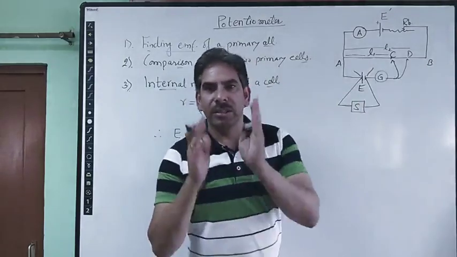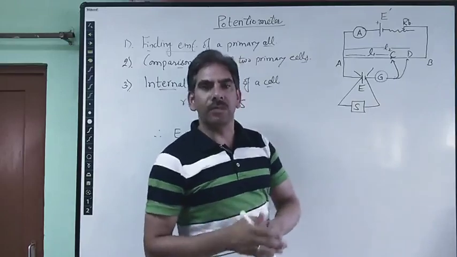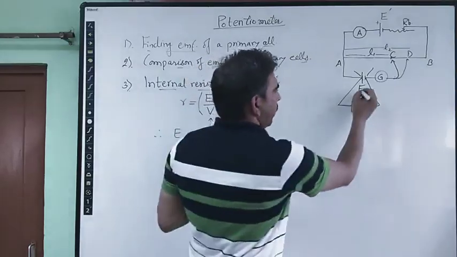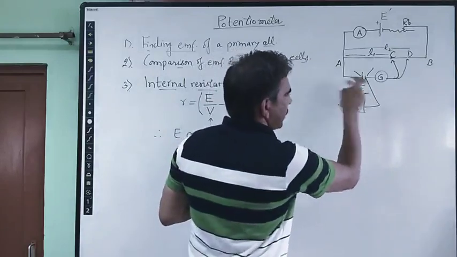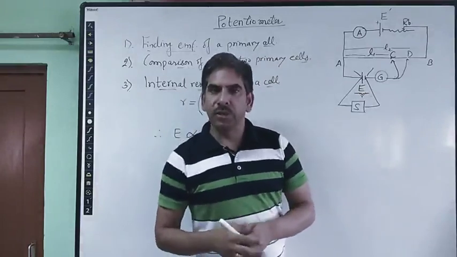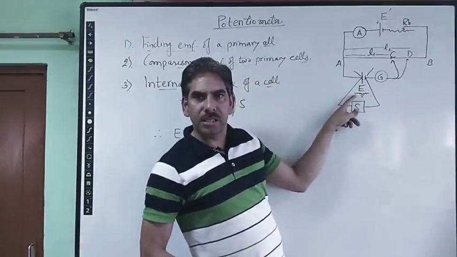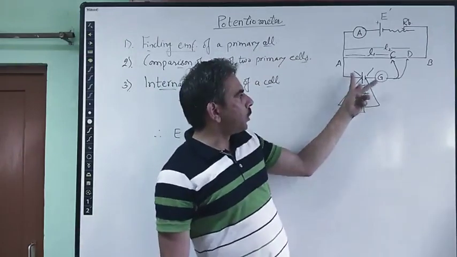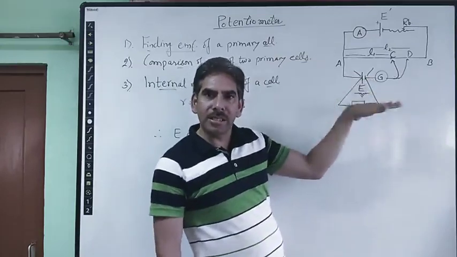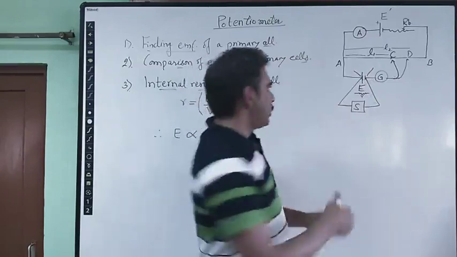It is nothing but the terminal potential difference, which is less than the EMF of the cell, because there will be some potential drop across the internal resistance of the cell. Whenever we put the cell into use, there is some potential drop across this internal resistance small r, due to which the potential difference across the two terminals of the cell decreases. This decreased potential difference is called the terminal potential difference, which we indicate with V.